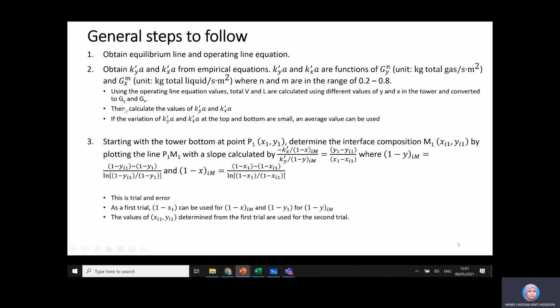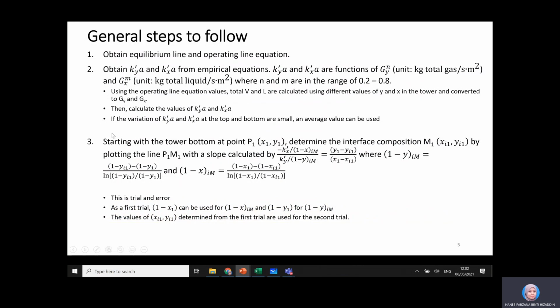Then we can use the Gy and Gx to calculate the values of KYa and KXa, because KYa and KXa are functions of Gy and Gx. If the variation of KYa and KXa at the top and the bottom are small, then an average value can be used. Okay, so these are some preliminary steps.